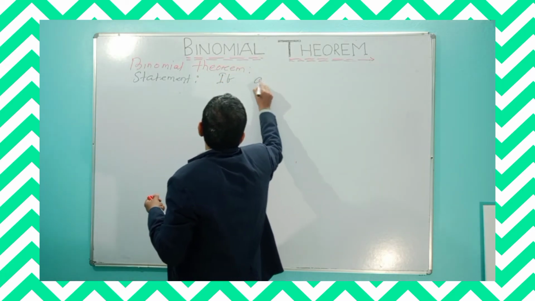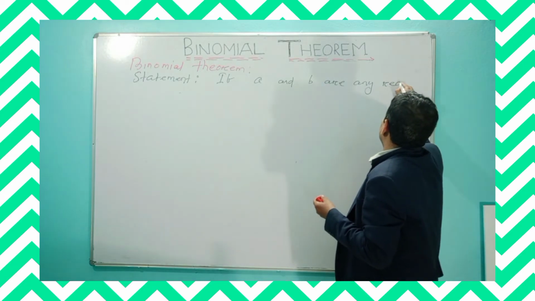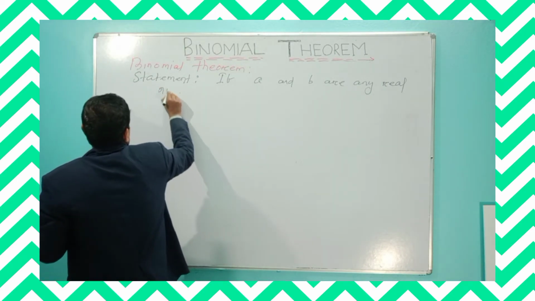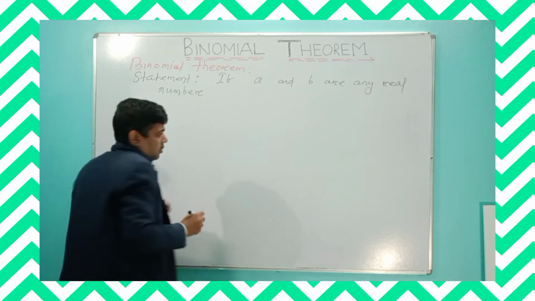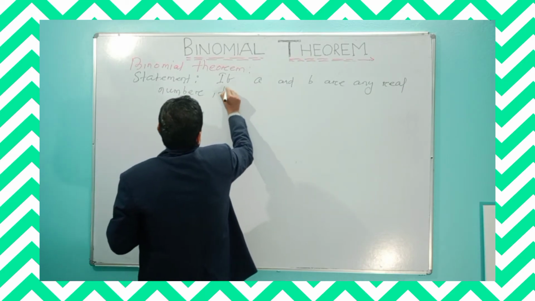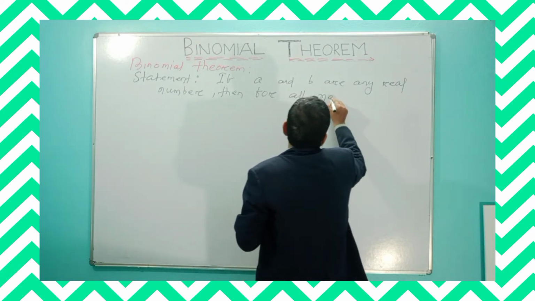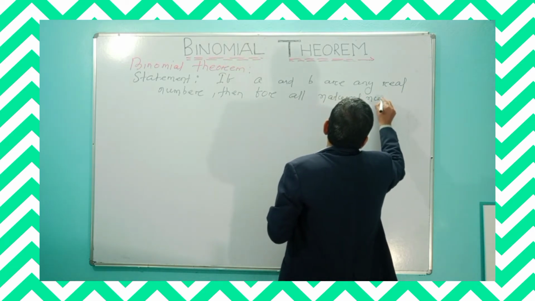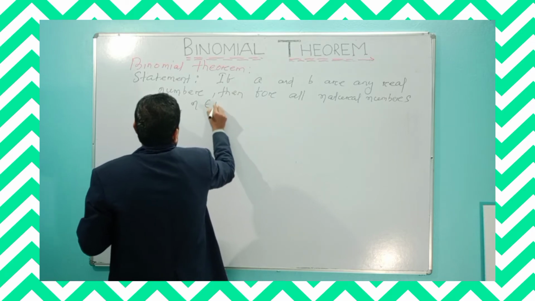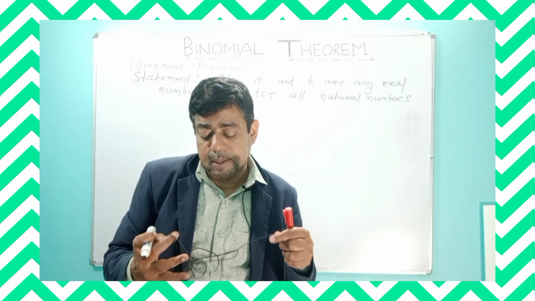If A and B are any real numbers, then for all natural numbers, n belongs to capital N. And I am writing the general expression of the binomial theorem.